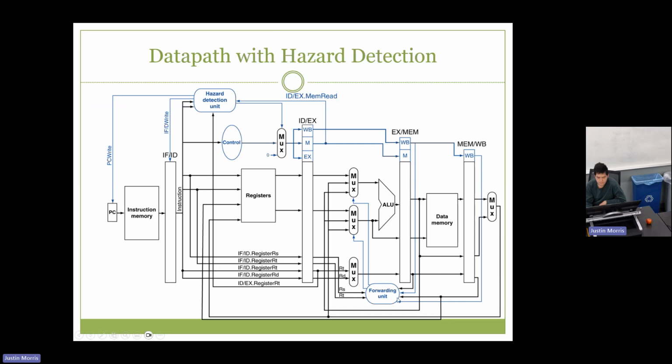And then on Monday and today, we've added this forwarding unit so that we don't have to stall as much. And then the hazard detection unit for the case of load word dependency when we can't avoid the need to stall one cycle. Okay. So we're all comfortable with this picture.